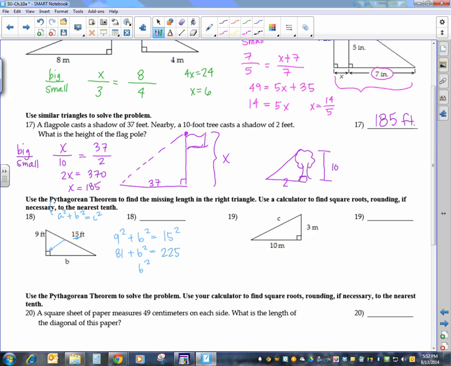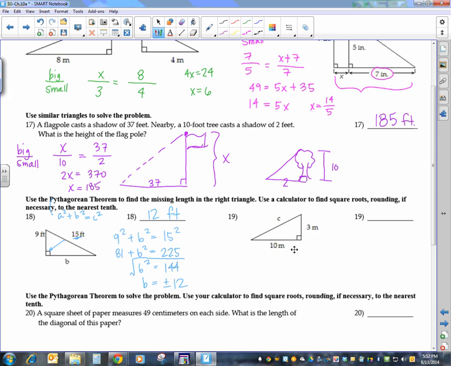So b squared equals 225 minus 81, which is 144. When you take the square root of both sides, you get that b equals plus or minus 12, but we only want the positive because we're talking about the side of a triangle. So 12 feet is going to be your answer.